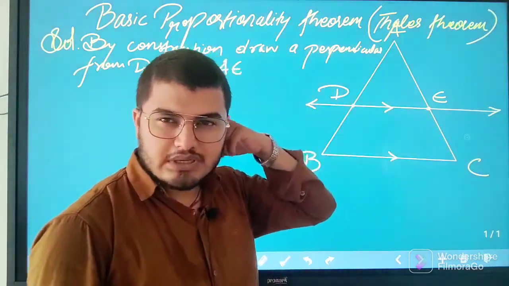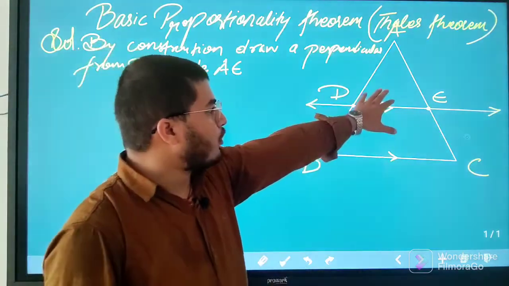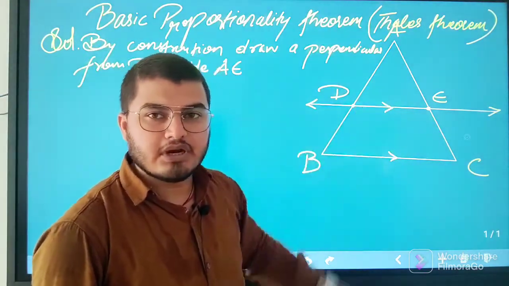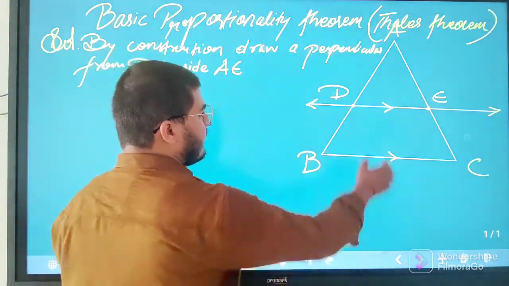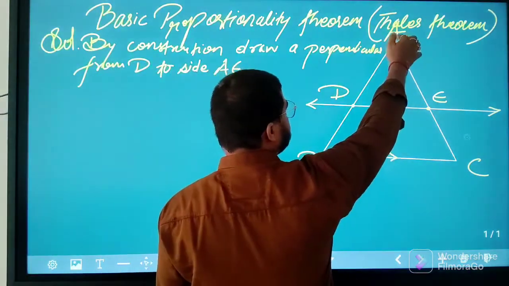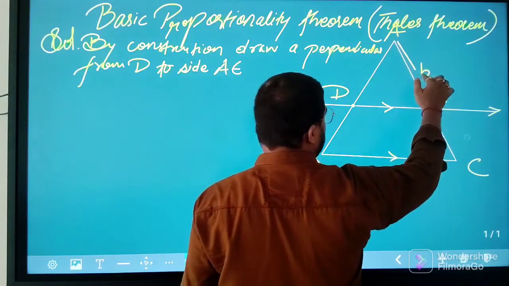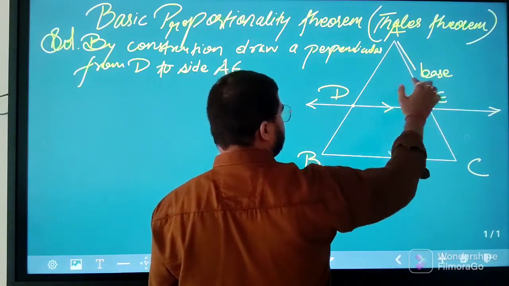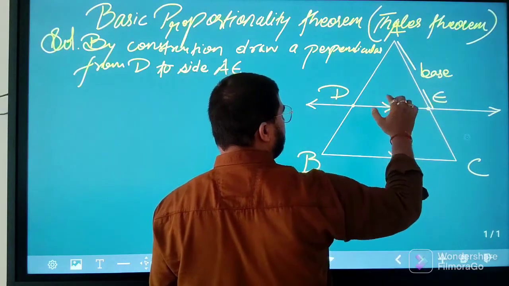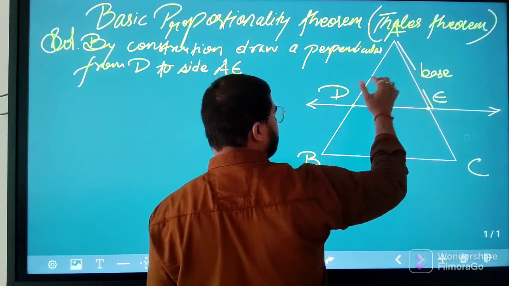ADE is forming a triangle within a triangle. It's a small triangle inside this bigger triangle. Am I right? Now in this triangle, if we take AE as the base, a perpendicular can be drawn from the vertex which is opposite to the base.